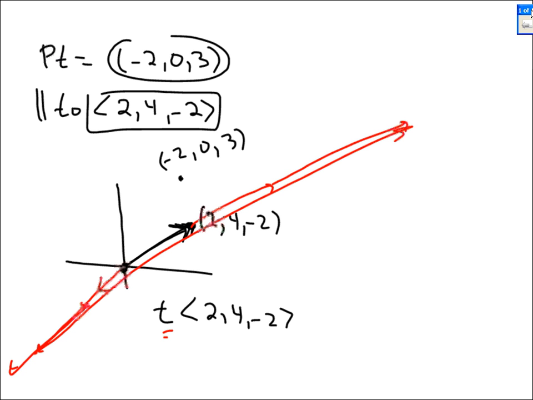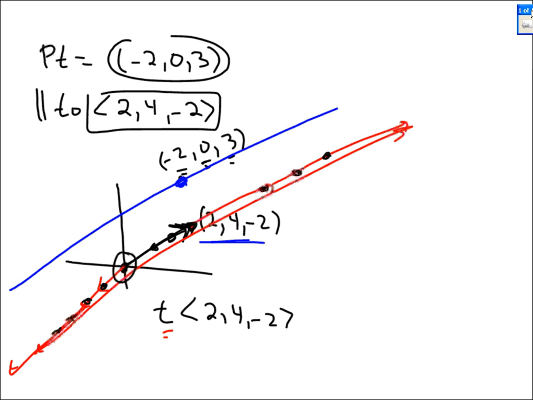Well, if to every point on this line, in particular the origin, we add negative 2 to the x value, 0 to the y value, and 3 to the z value, we'll get that line. And that line is clearly parallel to this. And if I scale it, it's still going to be parallel.